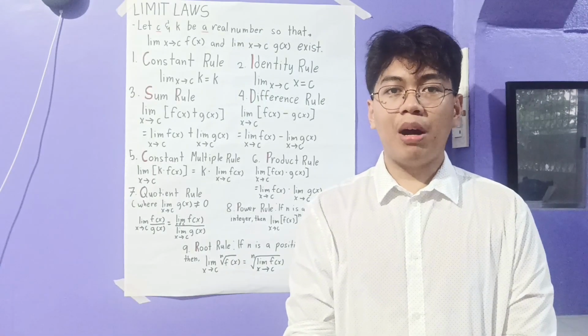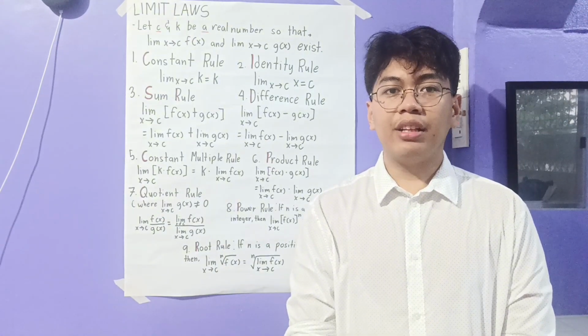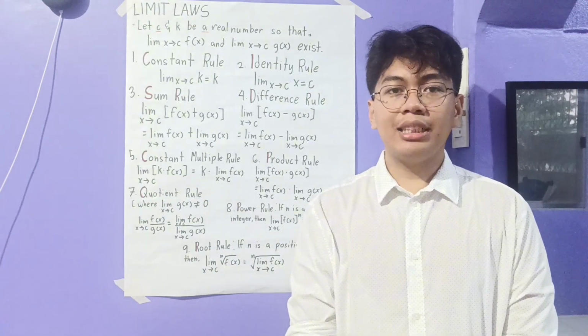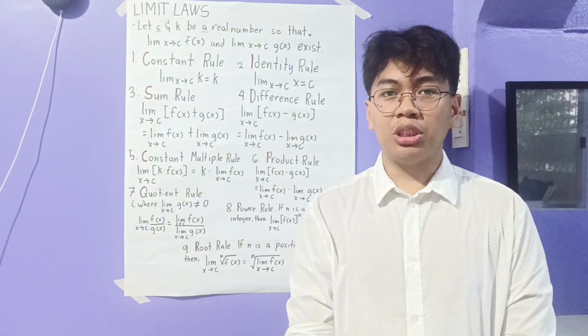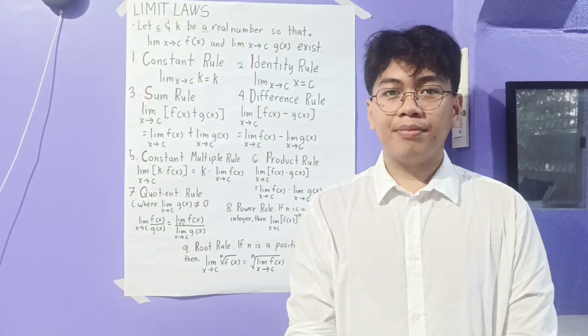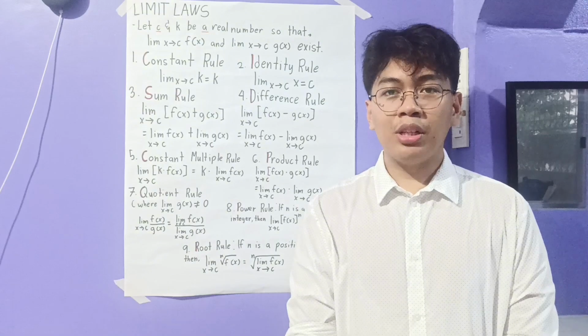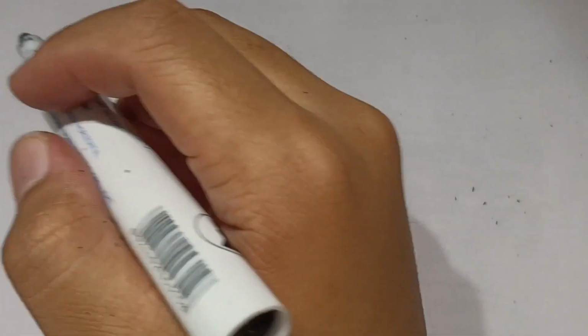Number 8. Power rule. If n is a positive integer, then the limit of f of x to the power of n as x approaches c is equal to the limit of f of x, to the power of n, as x approaches c. The limit of f of x will be enclosed in a parenthesis, while the power will be outside of the parenthesis.